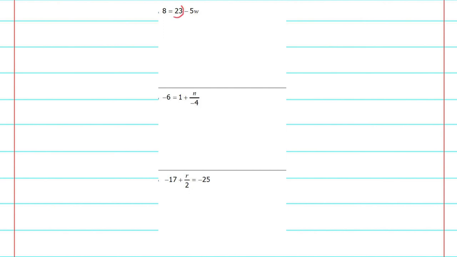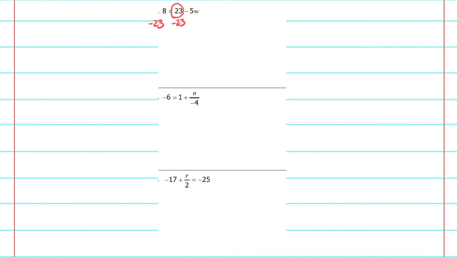So 23. If there is no negative sign in front of it, okay, I know it is going to be positive. So if I have $23 in my bank account and I need to bring it down to 0, I need to subtract 23. So subtract 23 from that side. If I do it to one side, I must do it to both. Subtract 23.